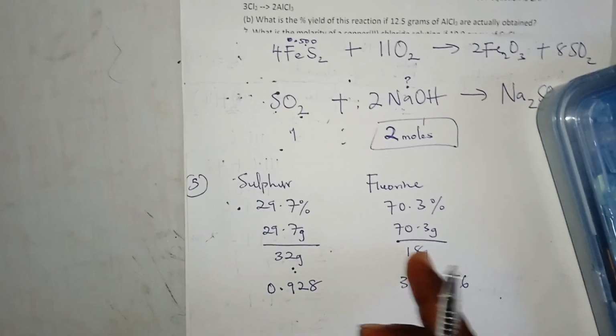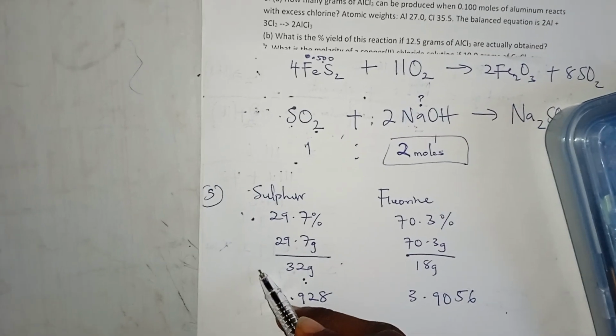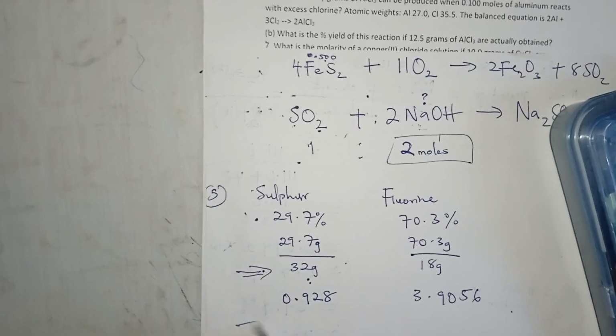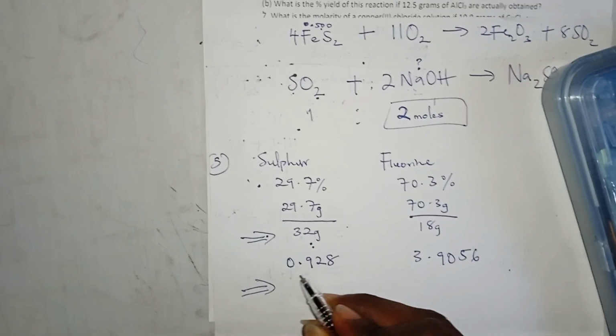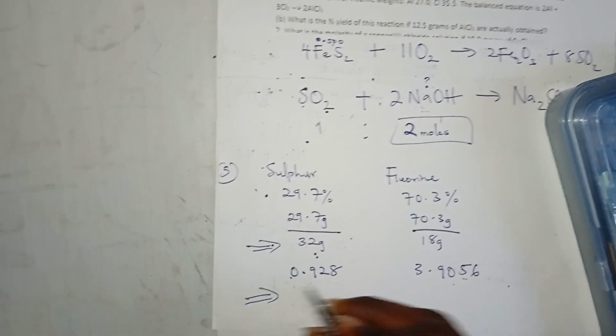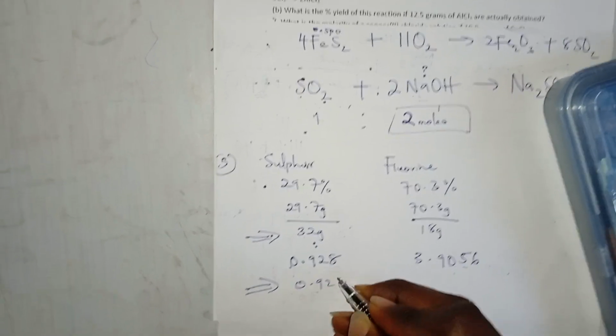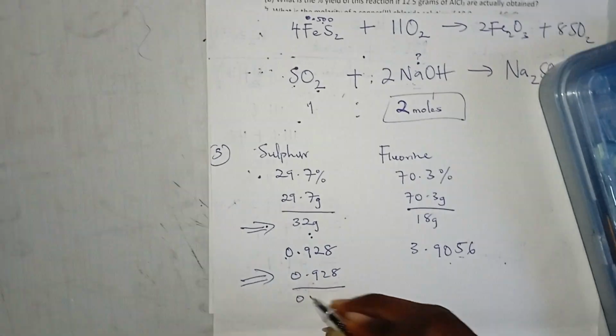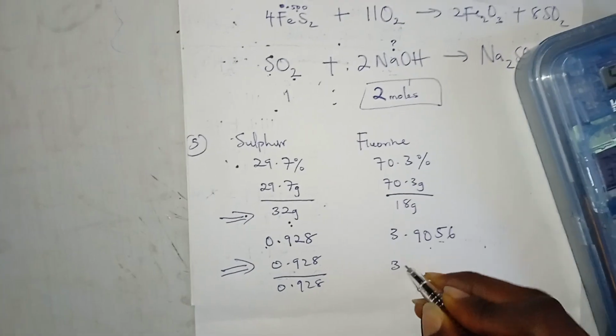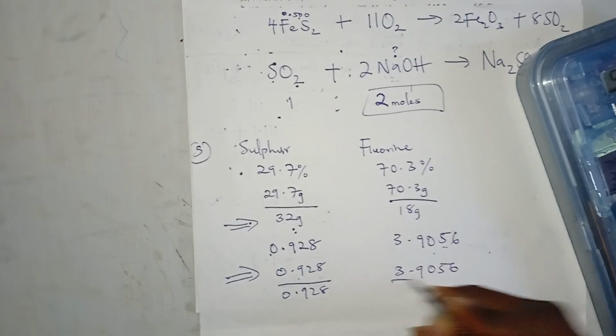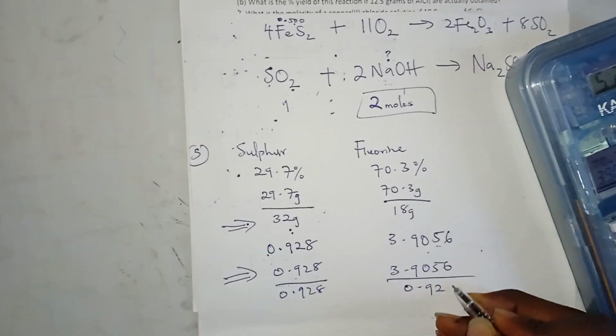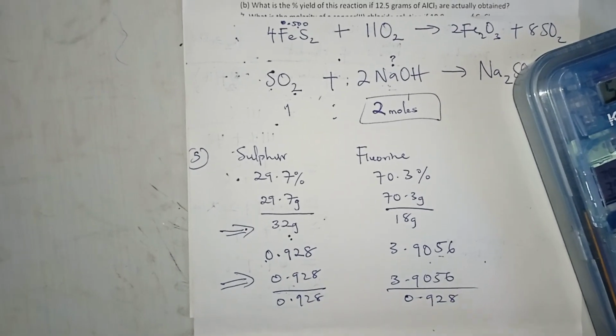Once you've gotten this, the first step is to divide by the atomic mass. The second step is to divide by the smallest value from your answer. So I will now divide by 0.928 because it's smaller, then divide 3.9056 by 0.928. Please try to punch your own to see if we are correct.